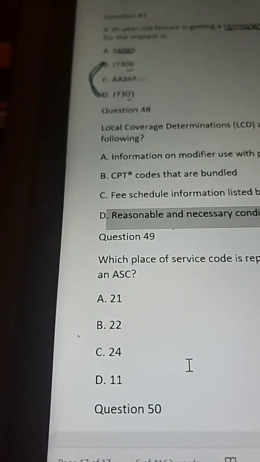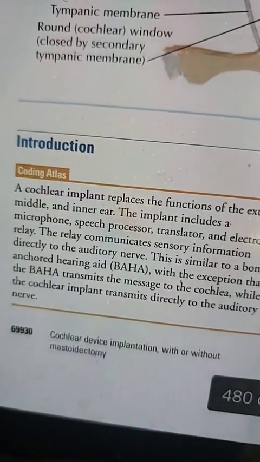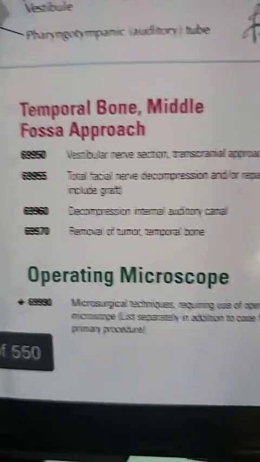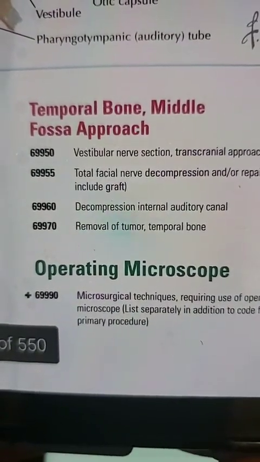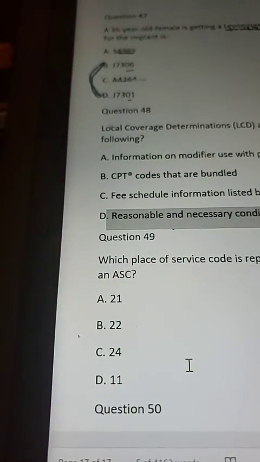I like it. This is the cochlear implant. If you wanted to know more about it, it gives smaller information, and then what codes are about the procedure, and what they're doing during the procedure to what bone parts. It's a really cool little book.